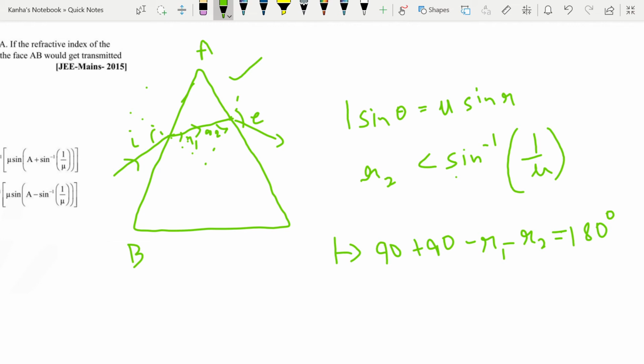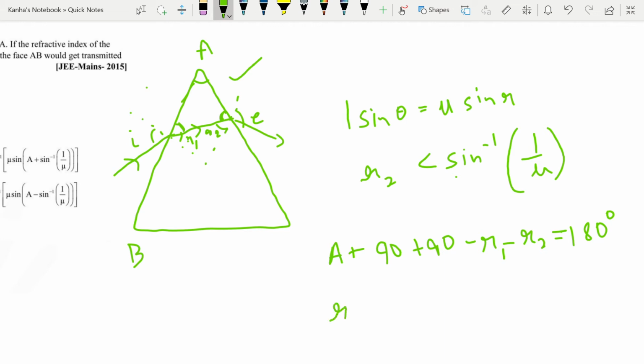So what is 90 minus r1? 90 minus r1 is nothing but this angle. 90 minus r2 is nothing but this angle. If I add these and I add the angle A as well, this will have an angle A as well. So A plus 90 minus r1 minus r2 is equal to 180.